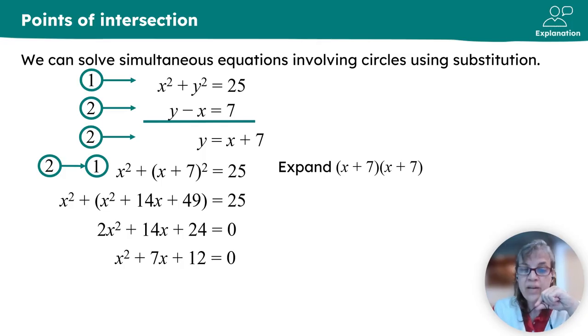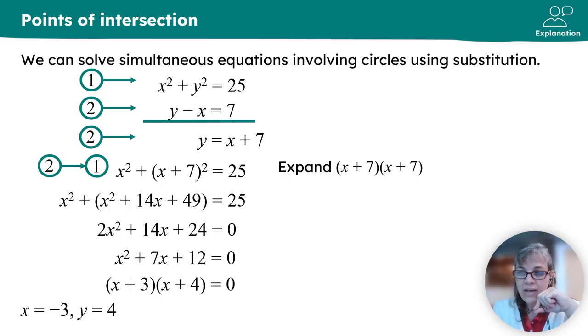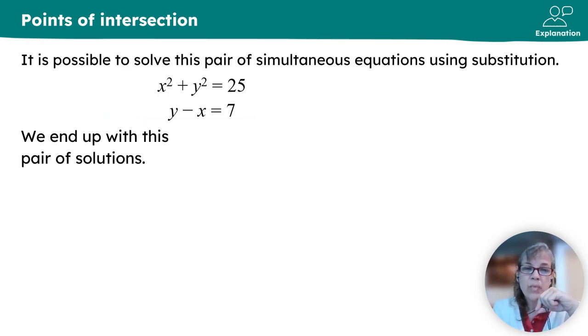Here it's been divided by 2 to simplify it, and then factorized. And we end up getting x is equal to minus 3, in which case y would be 4, or x is equal to minus 4, in which case y would be 3. So we end up with this pair of solutions.